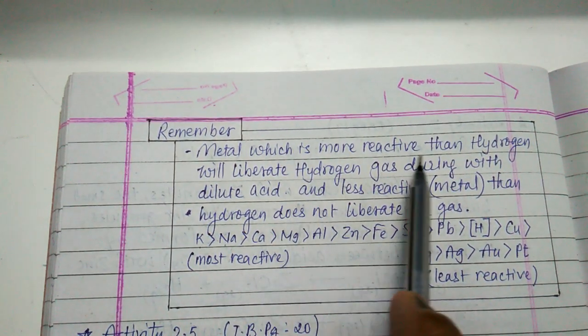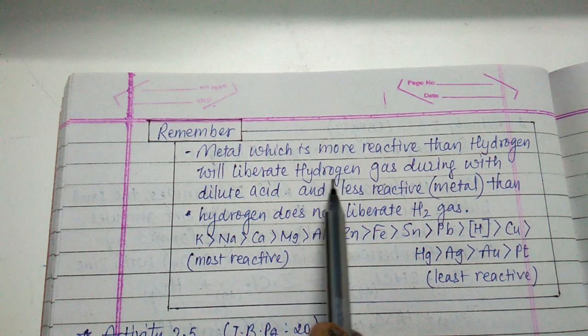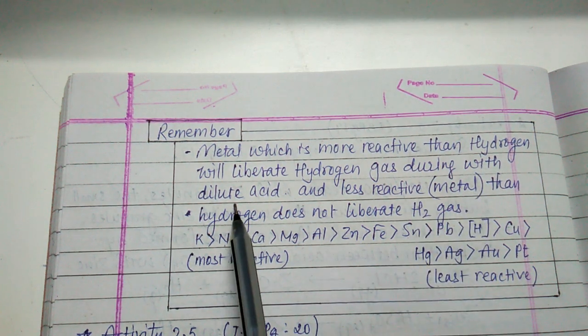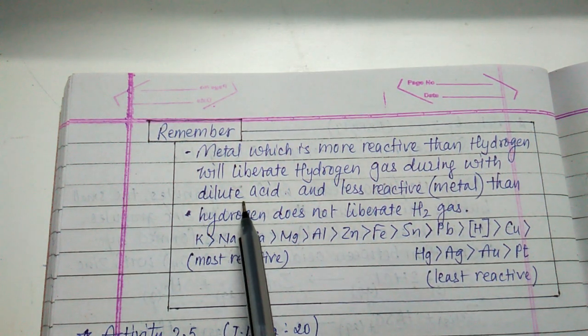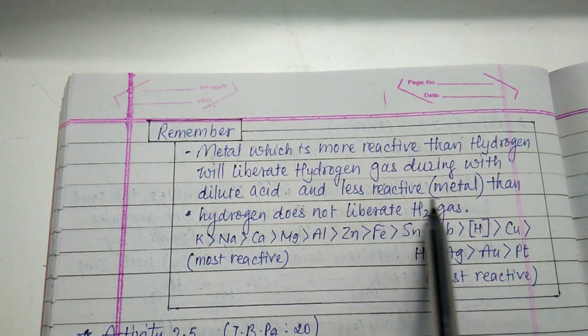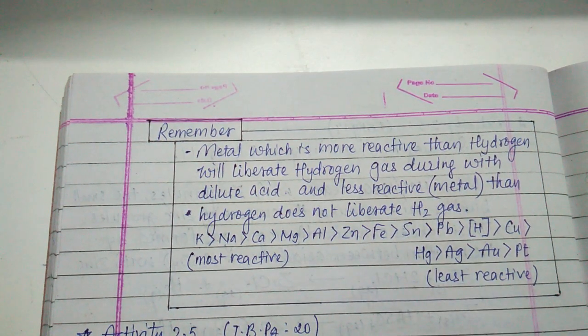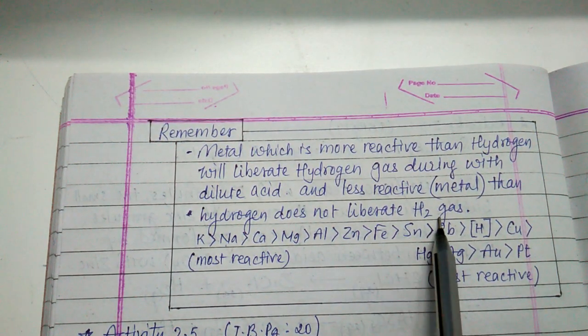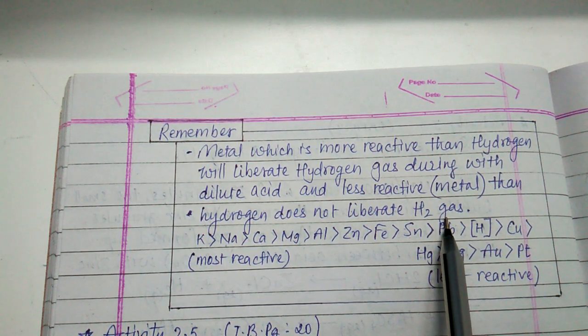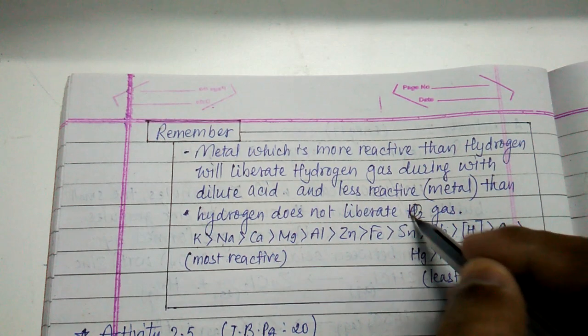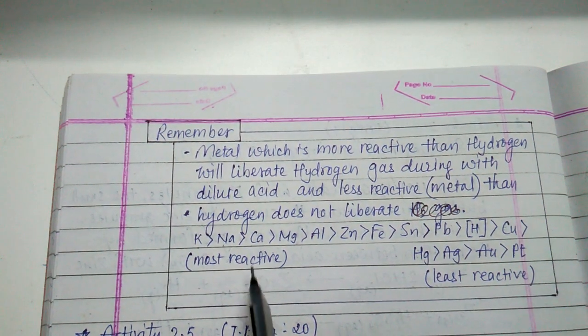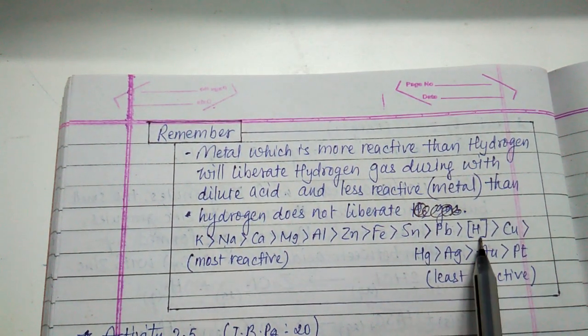A metal which is more reactive than hydrogen will liberate hydrogen gas with dilute acid, and a metal less reactive than hydrogen does not liberate hydrogen.